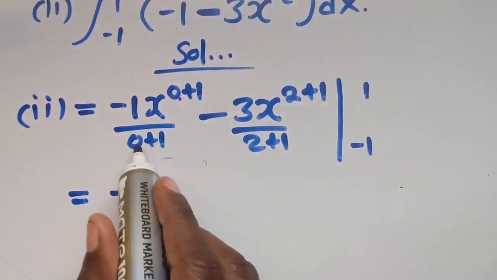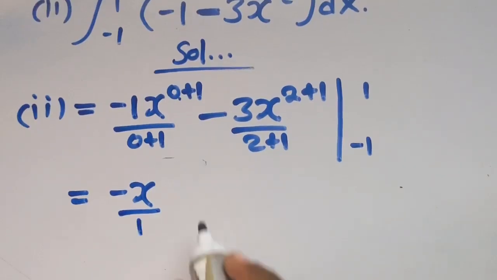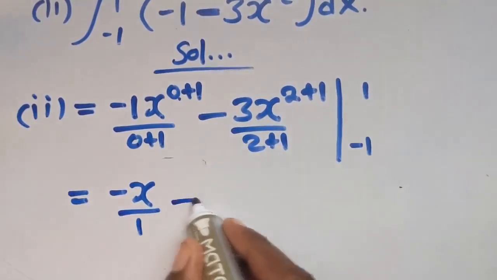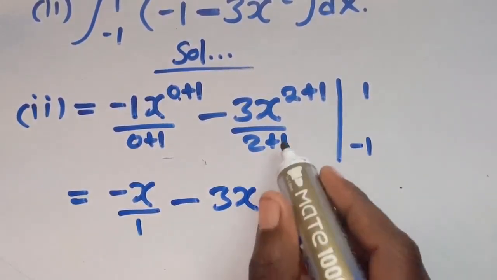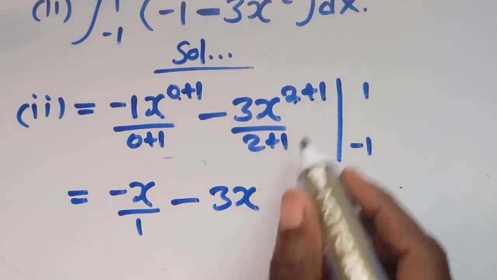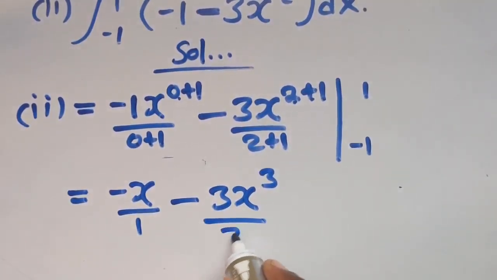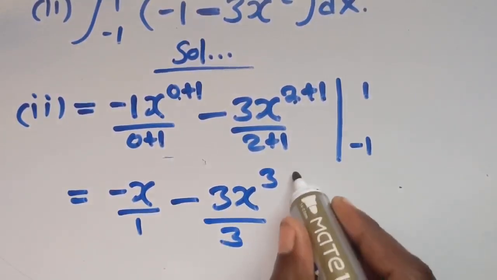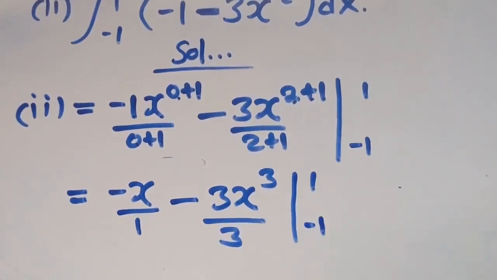We can say 0 plus 1 is 1. Then we are going to say there is a negative 3x to the power 2 plus 1, we are going to have 3. Then down here we are going to have 3 as well. So don't forget the limits, we have 1 and -1.